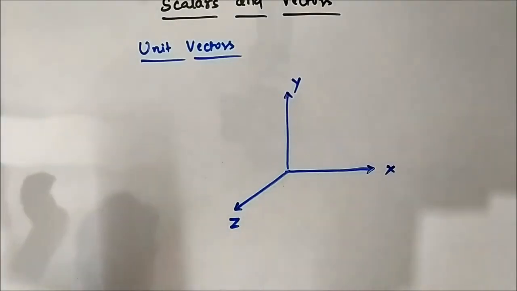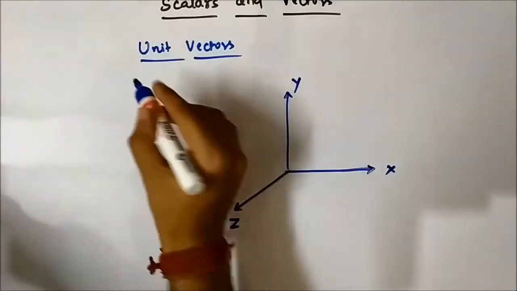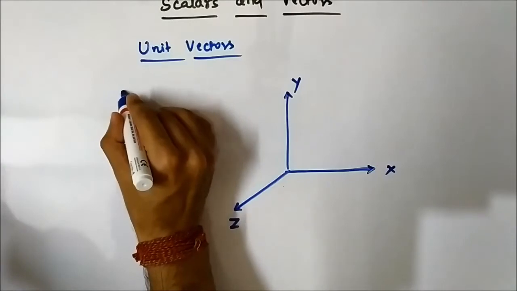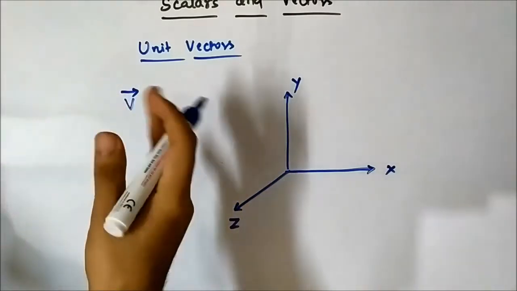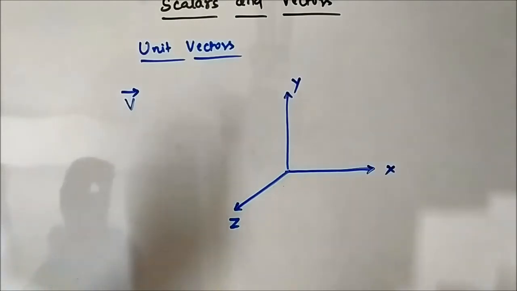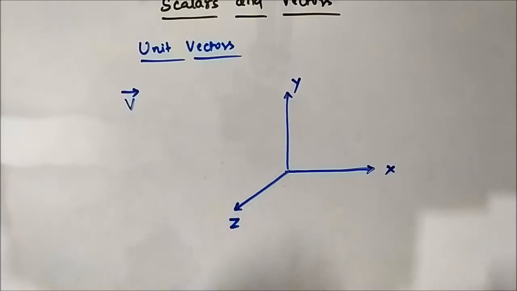Now what is a unit vector? Most of the time any vector quantity, let's say V, which is represented by this V vector, is also represented in the form of its unit vector.